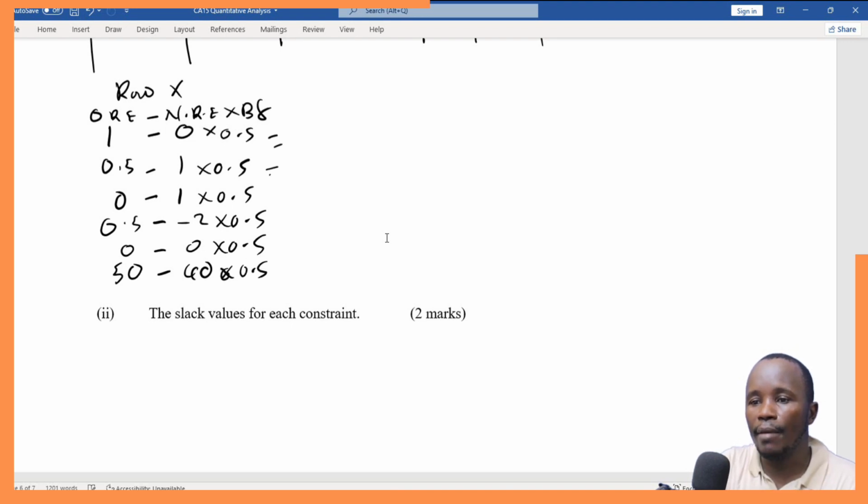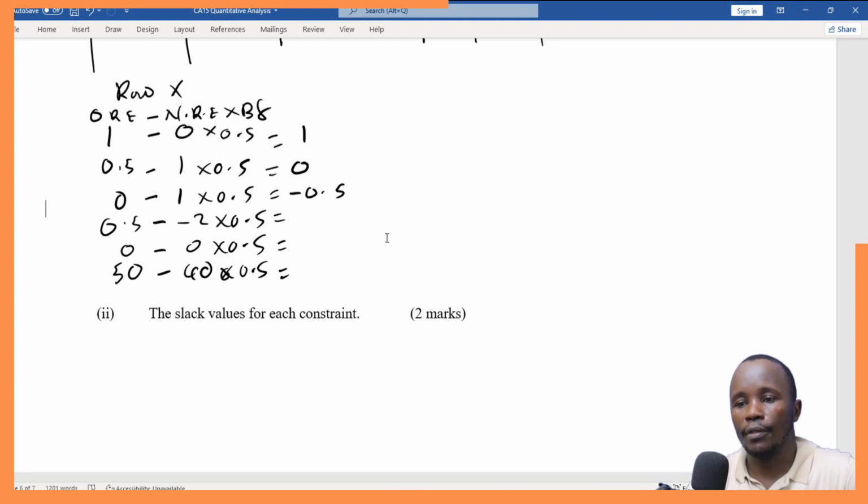Let's get the new elements now. 1 minus 0 is 1. 0.5 minus 0.5 is 0. 0 minus 0.5 is negative 0.5. This is negative 2. Look at this. Negative 2 times 0.5 gives you what?